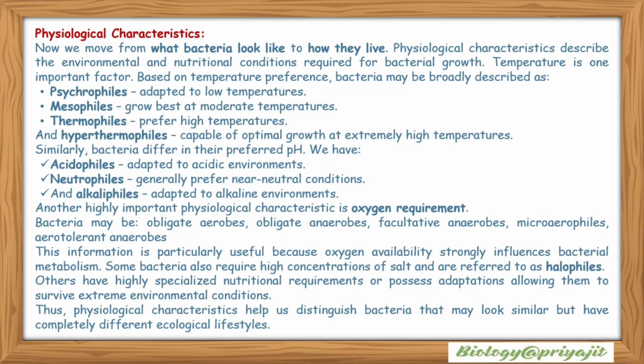So we have three kinds of bacteria: acidophiles, neutrophiles and alkaliphiles. Another highly important physiological characteristic is oxygen requirement. Bacteria may be obligate aerobes, obligate anaerobes, facultative anaerobes, microaerophiles and aerotolerant anaerobes. This information is particularly important because oxygen availability strongly influences bacterial metabolic processes.